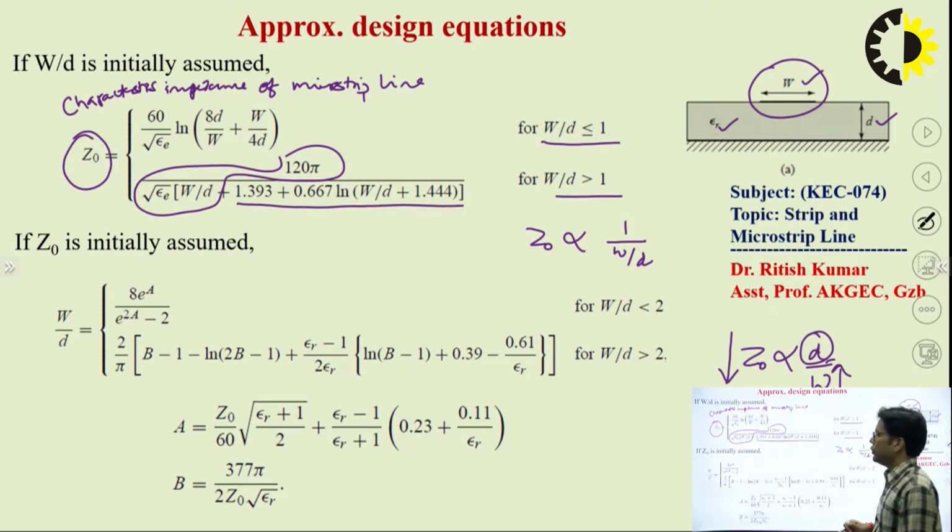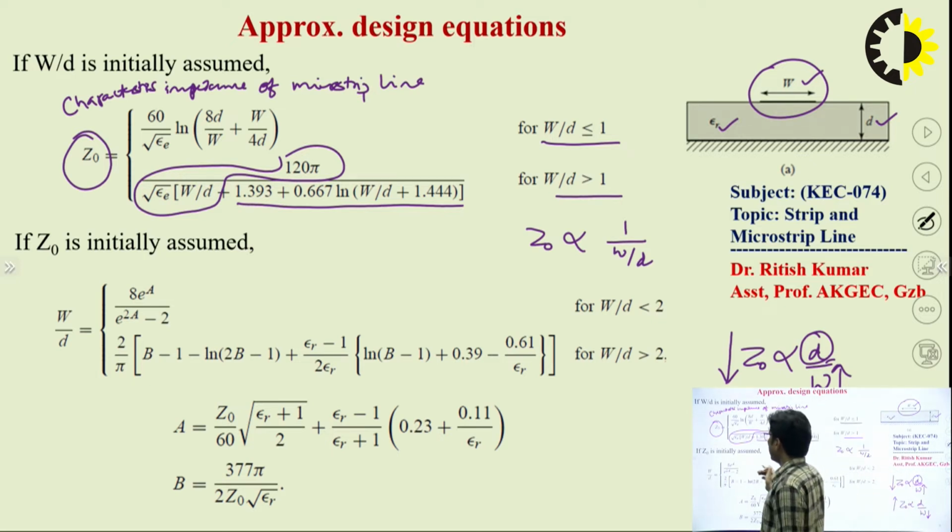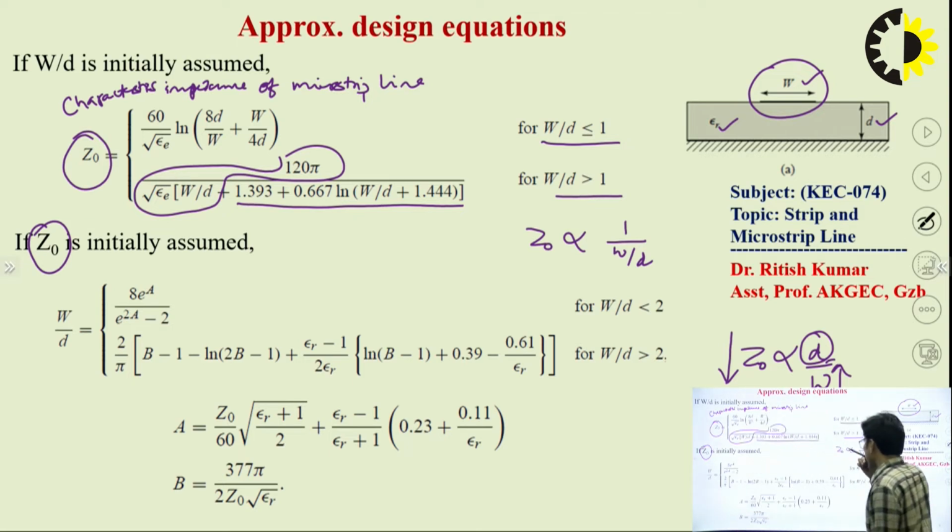Secondly, suppose you want to design a transmission line of a required impedance, meaning a microstrip line. Suppose you want to make a 50 ohm transmission line, so you know the characteristic impedance Z0 of the microstrip line initially, for which we have other formulas, for W by D less than 2 and W by D greater than 2.